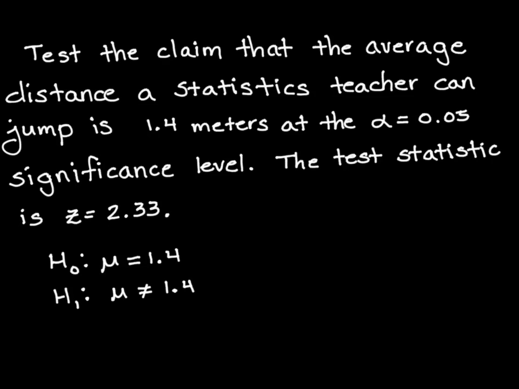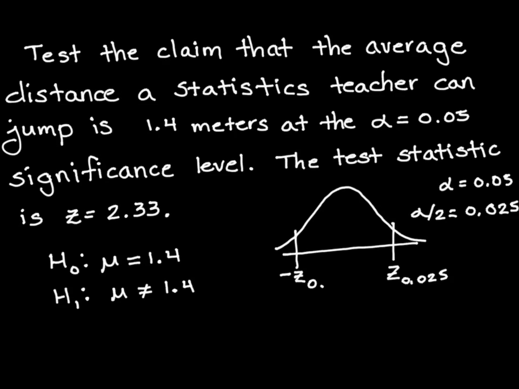So I start by writing down my null and alternative hypotheses. My null hypothesis says that mu is equal to 1.4. The alternative says that mu is not equal to 1.4. I draw my normal distribution, and I have a significance level of alpha equals 0.05, and because this is a two-tailed test, we're going to cut alpha in half and we get 0.025.